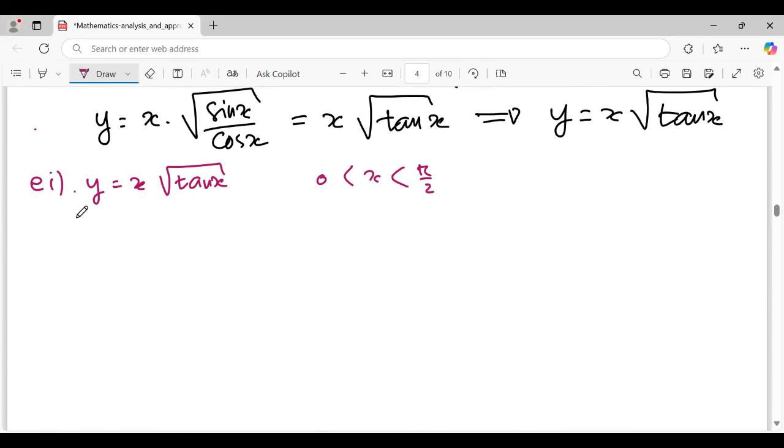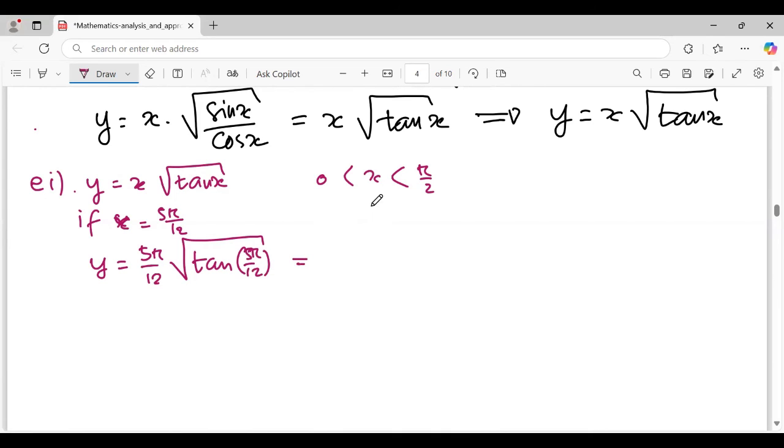So if x equals 5 pi over 12, y equals 5 pi over 12 times square root tangent 5 pi over 12.